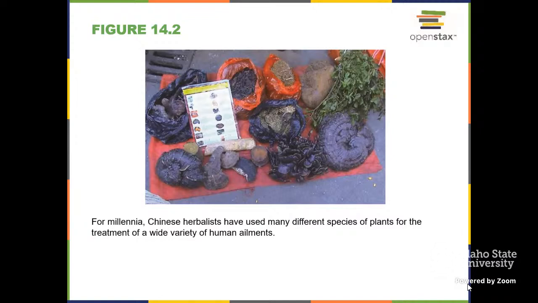Herbalists in China for forever have used all sorts of compounds that have definitely some effectiveness, and in Western medicine, we think about what some of these molecules are. Could we potentially synthesize these things and maybe modify them?